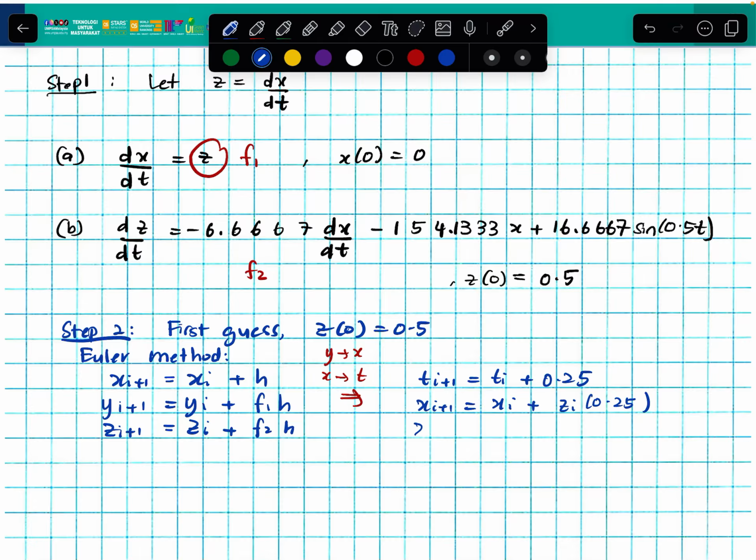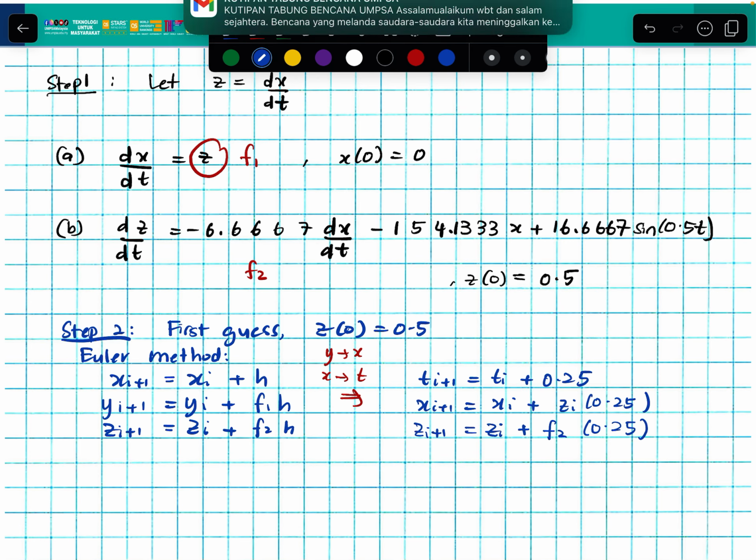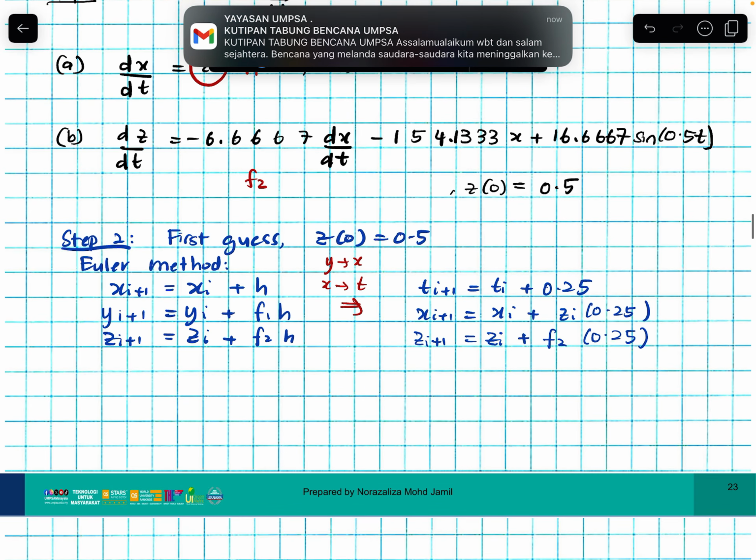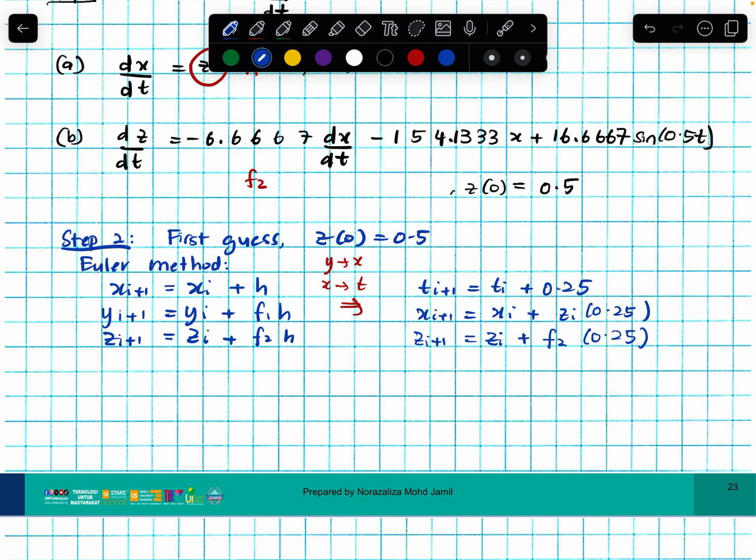Now what is f2? f2 is the whole thing, f2 times 0.25. Okay, so that is the formula of Euler method that we need to apply in our calculation.